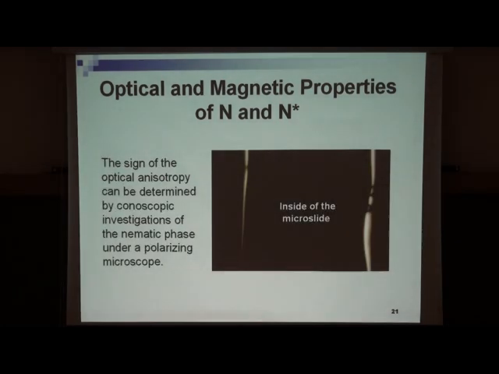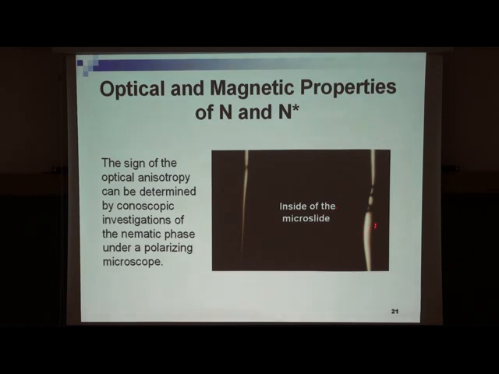Okay. I give some information about optical and magnetic properties because they are needed to explain this picture. This is the oriented nematic phase inside the microslide, and these are the aligned regions, and these are not aligned.